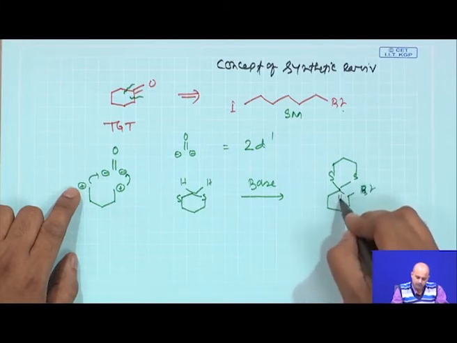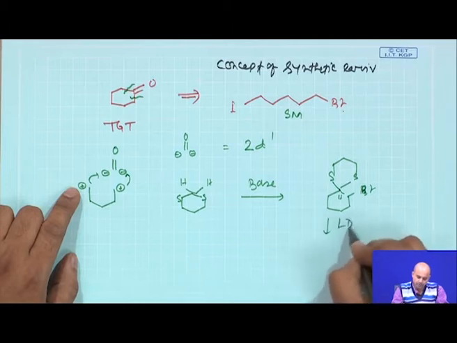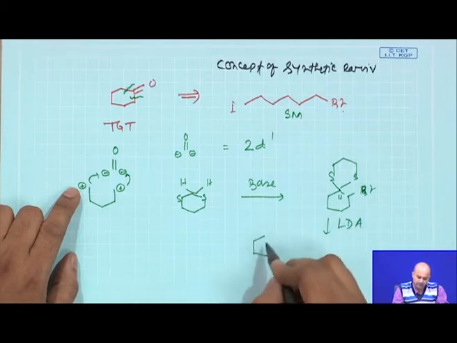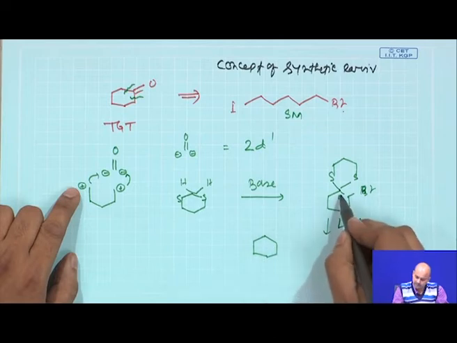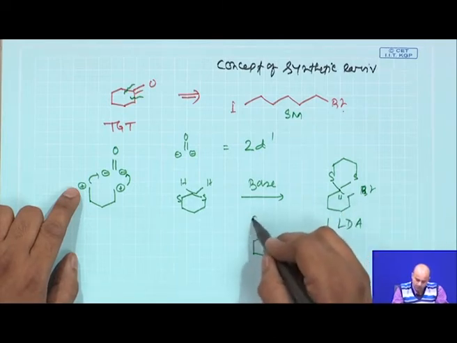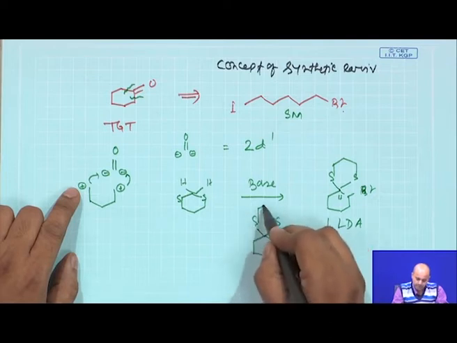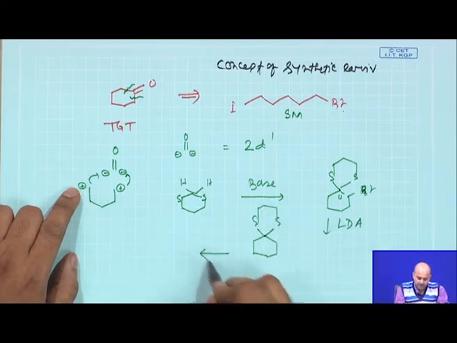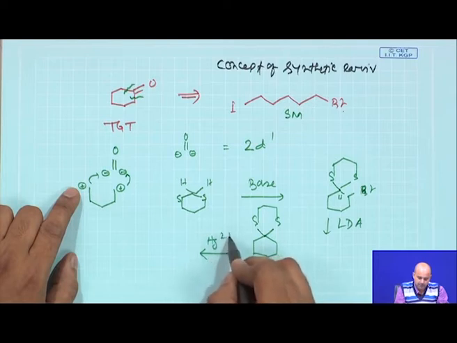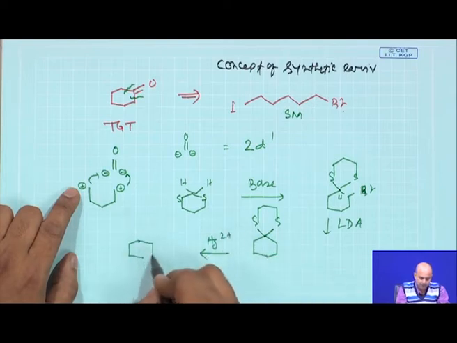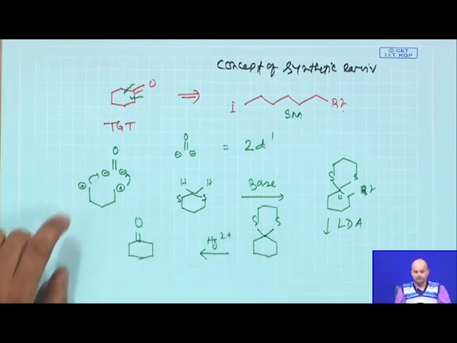This hydrogen remains here. You react with one equivalent of base further, which generates the anion, and you then make the carbon carbon bond and cleave with Hg2 plus, which will give you the product and complete the synthesis.